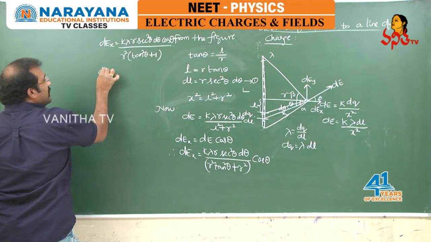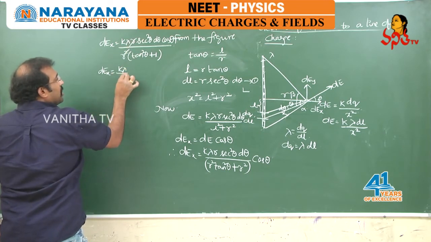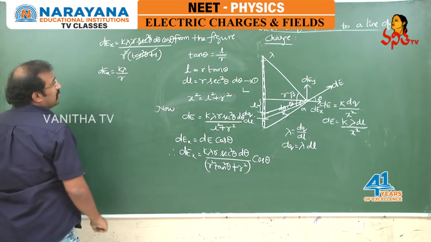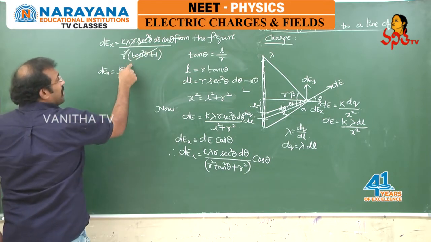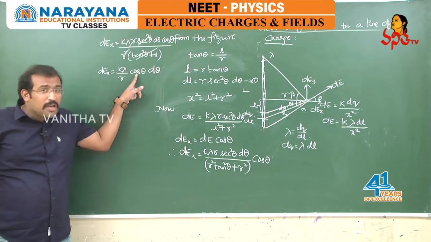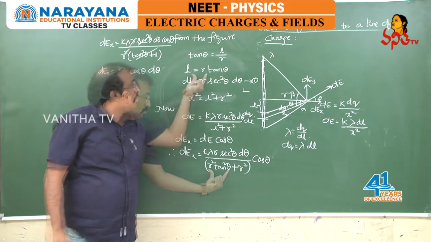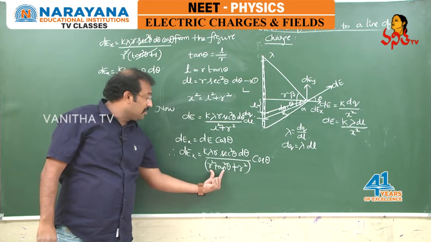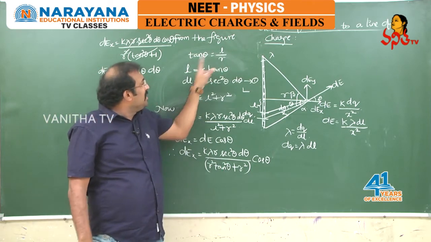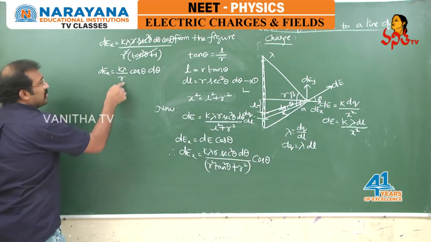So here the r gets cancelled: dEx is equal to k lambda by r, secant square theta and tan square theta plus 1 cancel. So k lambda by r into cos theta into d theta. This is the equation that we get by substituting the value of L equal to r tan theta, so L square is r square tan square theta, and also dl is equal to r secant square theta d theta. So now this is the final equation.